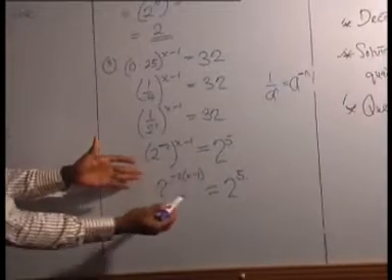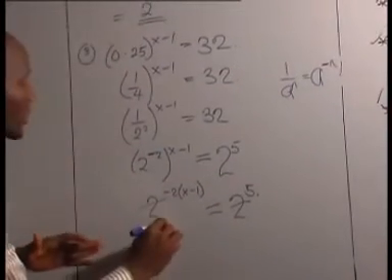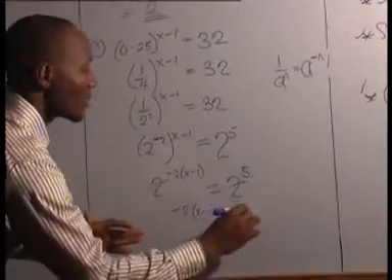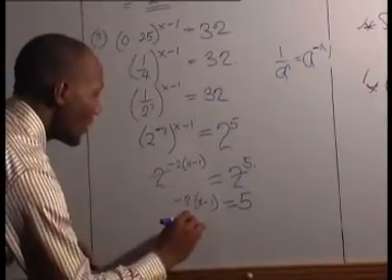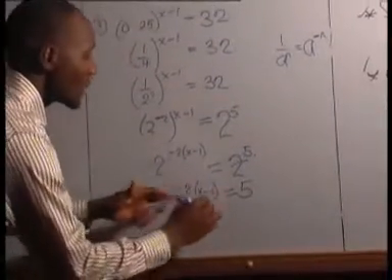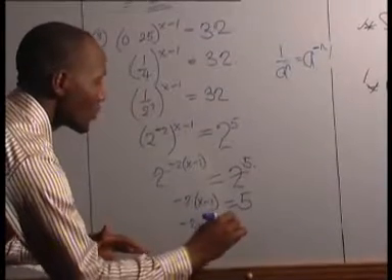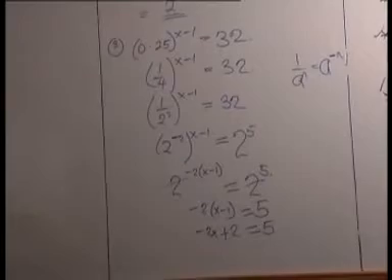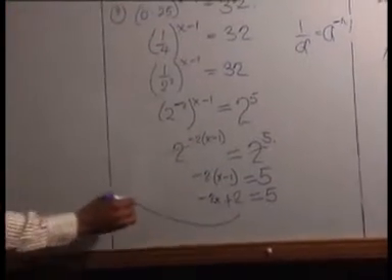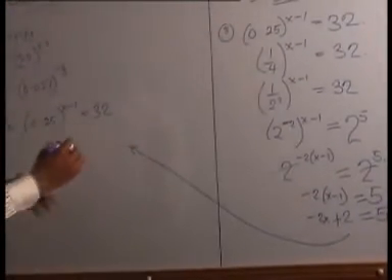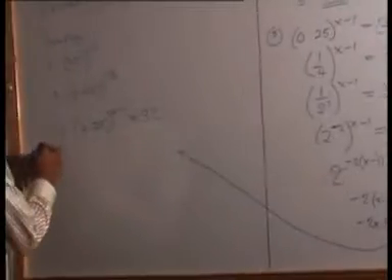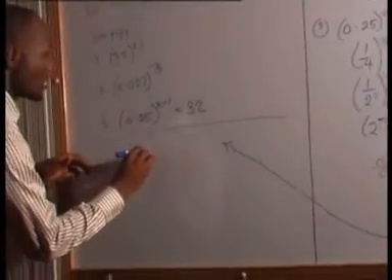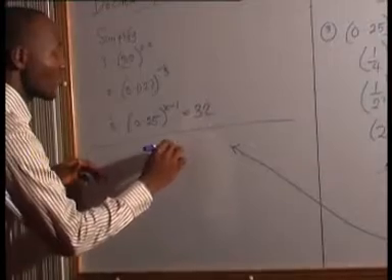So these 2 can take care of these 2. You'll be left with minus 2 into x minus 1 equals 5. So you have minus 2x. Minus 2 times minus 1 is plus 2, equals 5. Are we getting it? Yes. Let's continue this side. So you are going to have minus 2x equals 5.